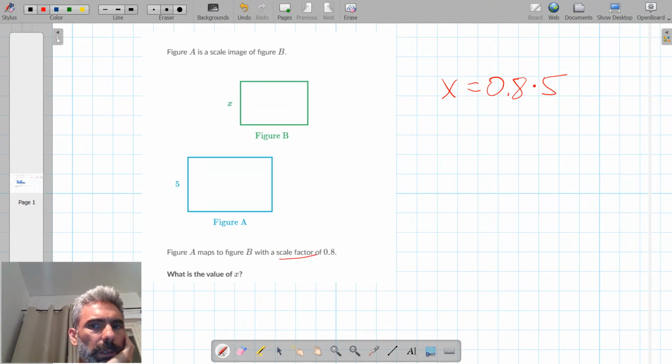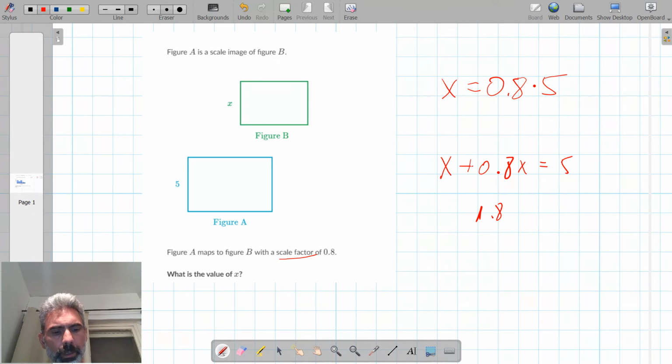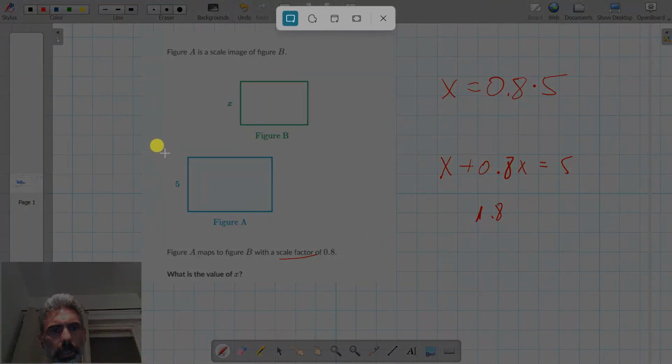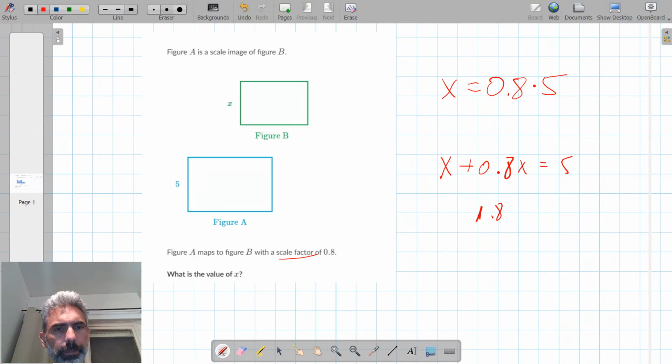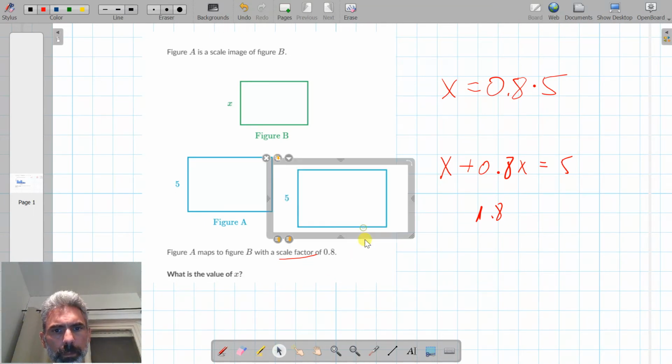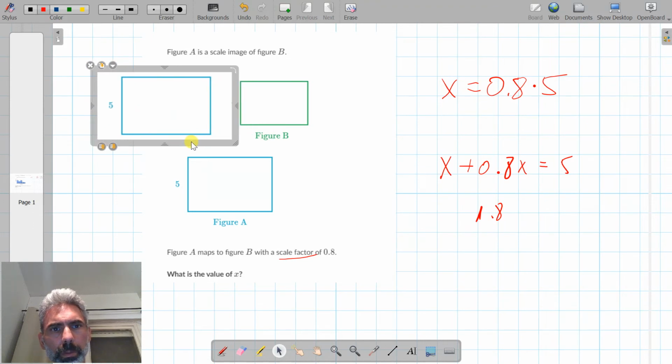Or it can mean x plus 0.8 of x is 5. So it's 1.8. Let's see if I take this and put it next to.